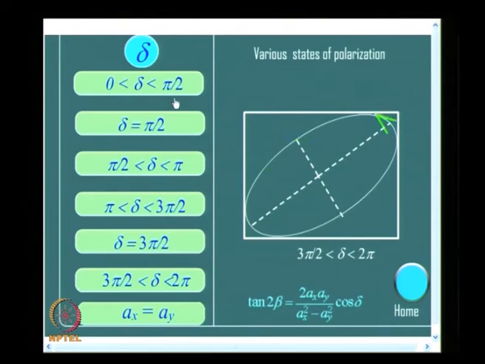So, this gives you a hope to use light as a sensor, because essentially I will find out what happens to the exit light. With the exit light, I will go back and find out what was the delta that has caused. Now, we will relate delta to sigma 1 minus sigma 2 later. That is how we will merge physics and stress analysis. But before we get into that, we need to know little more about what happens.